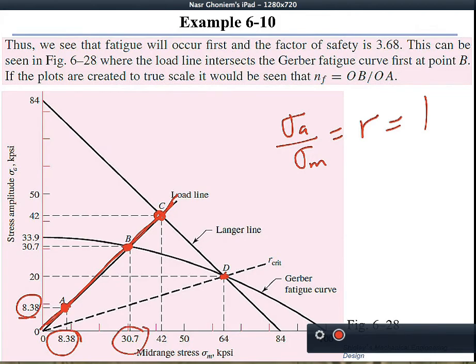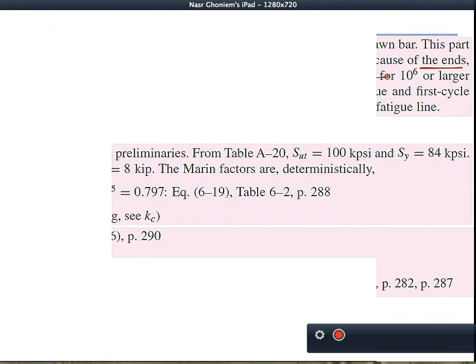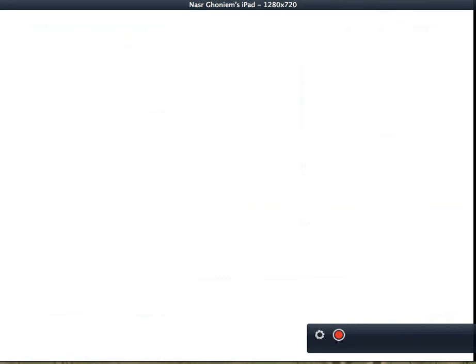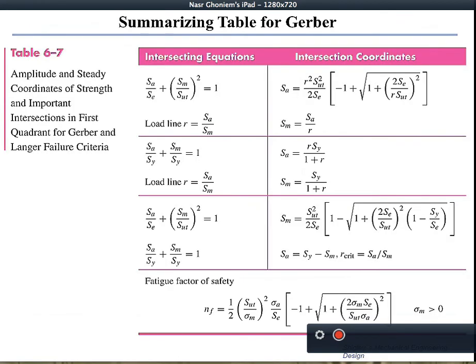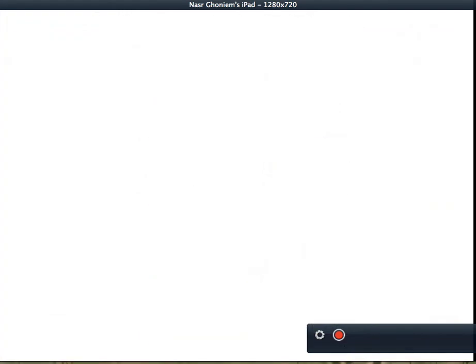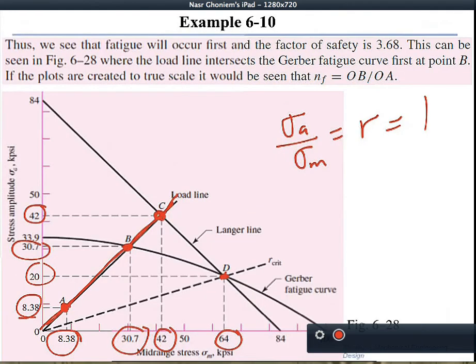So point B has the coordinates 30.7, point C has coordinates of 42 and 42, point D has the coordinates of 64 and 20, and those are obtained from the Gerber equations, where this is one point, this is the second point, this is the third point that we can obtain from the graphs. And basically we can program that and determine the factor of safety.